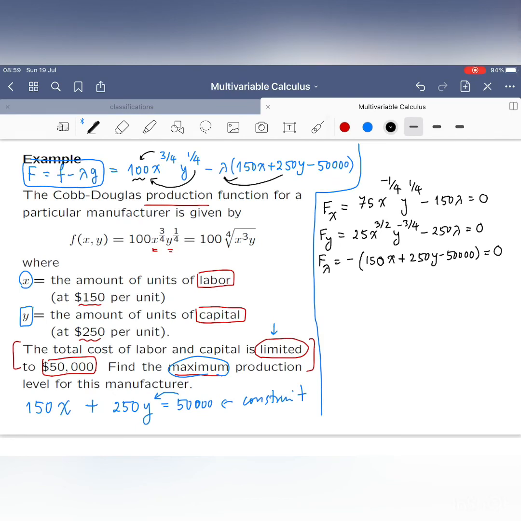Can you figure out how to solve it? Oh, sorry, this is 3 over 4, not 3 over 2. Can you figure out how to solve it? And can you notice something? You see, these two numbers, if you add them up, it is a 1.